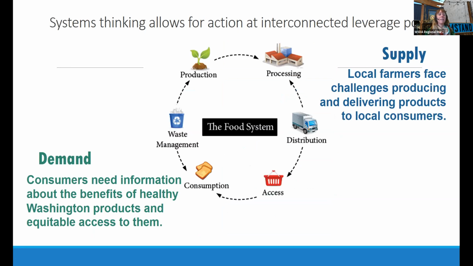So here's another food systems diagram. This one might be more like ones you've seen before. This image right here is really what gets at the crux for me of food policy.